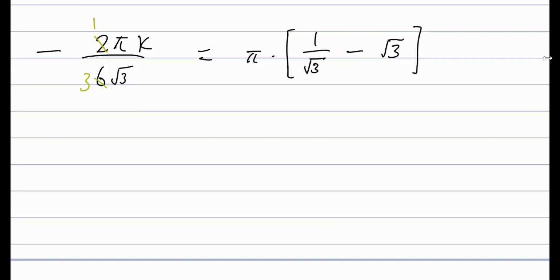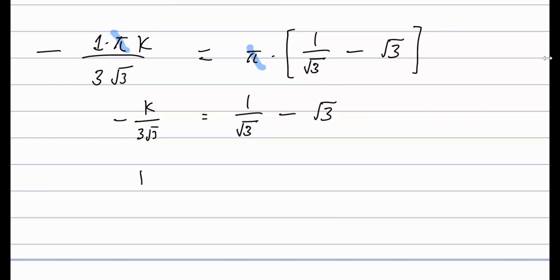Then the pi can cancel both sides. Very good. The pi, that's what I was looking at. Pi cancels away. Okay, very good. So now you're left with negative k over 3 root 3 equals to whatever's in the square bracket. Make k the subject, just have to cross multiply by what?